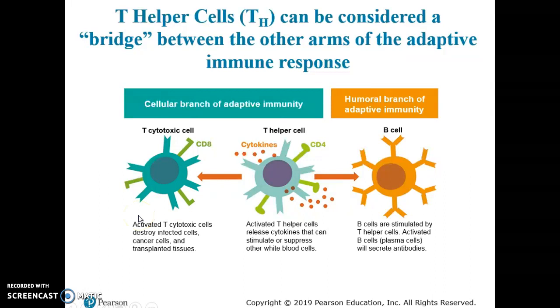So if someone says they have a vial of CD8 positive T cells, you should know that they are talking about cytotoxic T cells. Likewise, CD4 positive T cells are helper T cells. HIV infection binds to CD4 positive T cells, and in that viral process will actually kill the T helper cells.